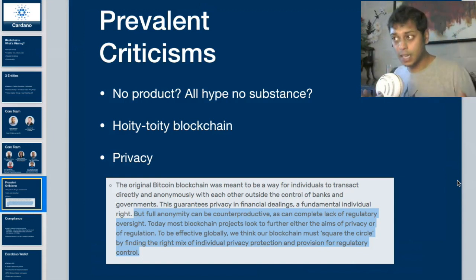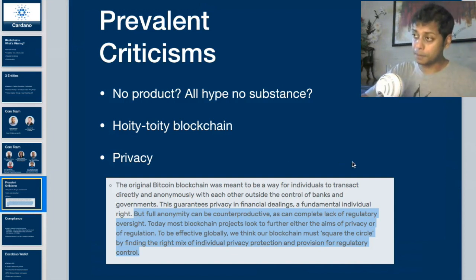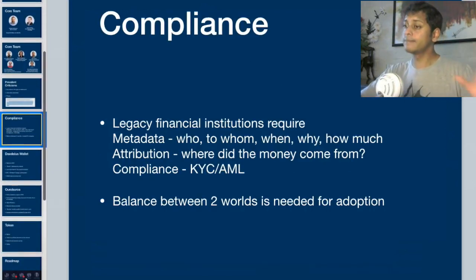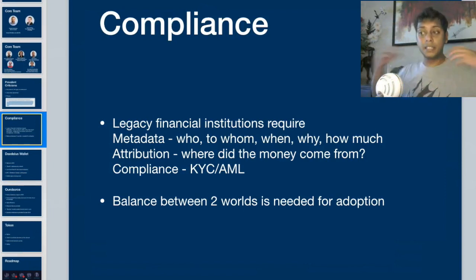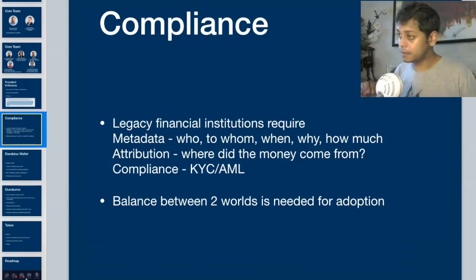And concerning this last privacy point, it will be easier if you look at what the compliance people require in order to make a company like this legitimate. Basically, the legacy financial institution would require three aspects. They would require metadata, so that is who, to whom, when, why, and how much money was transferred.